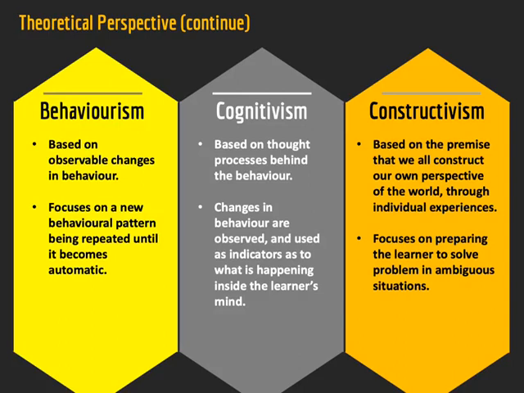On the other hand, cognitivism is based on the thought processes behind that particular behavior. So cognitivism focuses on the changes in behavior that are observable, and it uses that as indicators of what is actually happening inside the learner's mind.